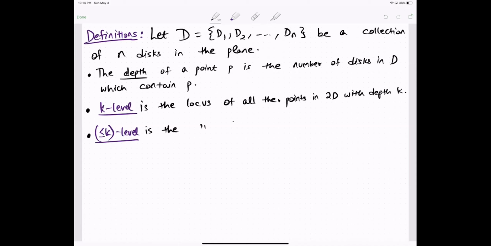Less than or equal to K level is the locus of all the points in 2D with depth less than or equal to K.